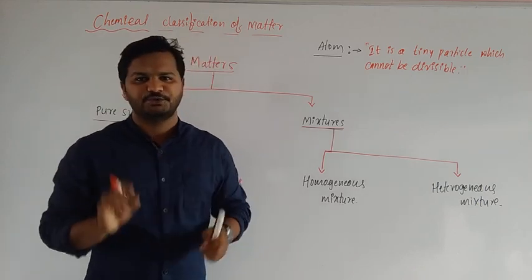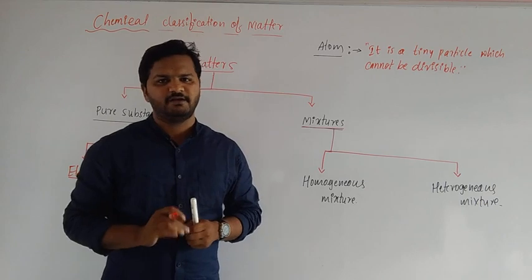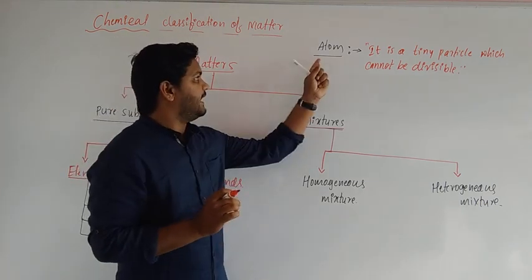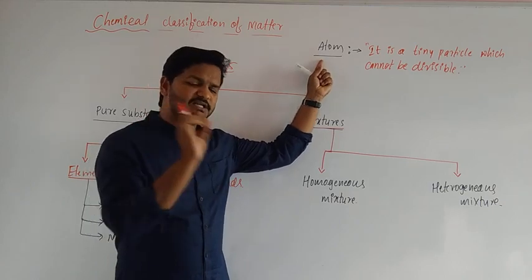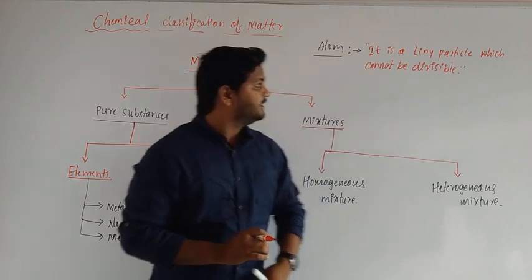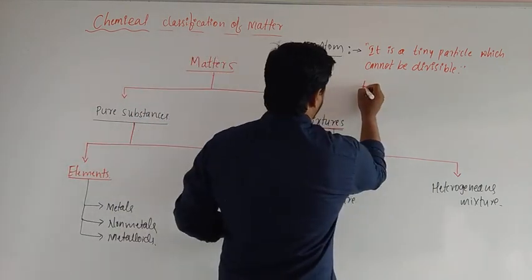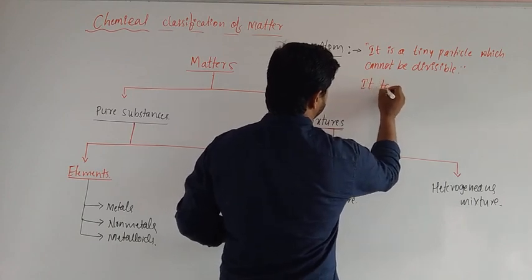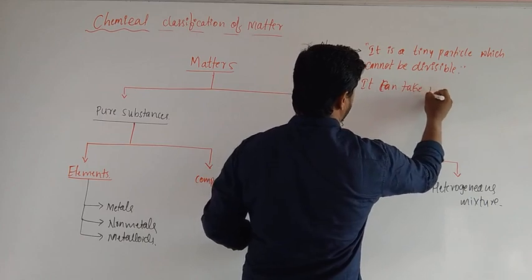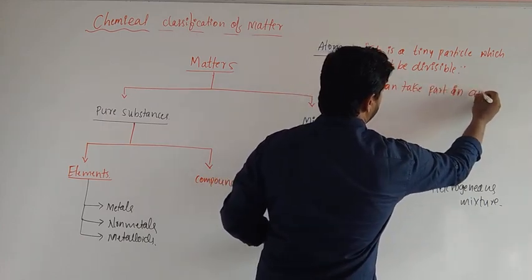We cannot break it or split it. It is the ultimate particle of an element. Okay, the atom is the last particle of an element, the smallest particle. That is why we can say it's a tiny particle which cannot be divisible, and it can take part in any chemical reaction.